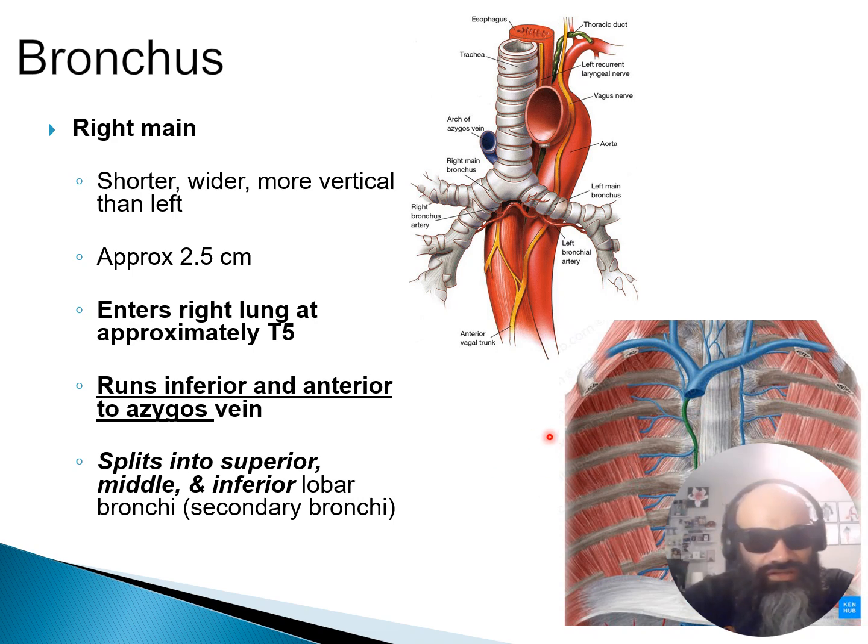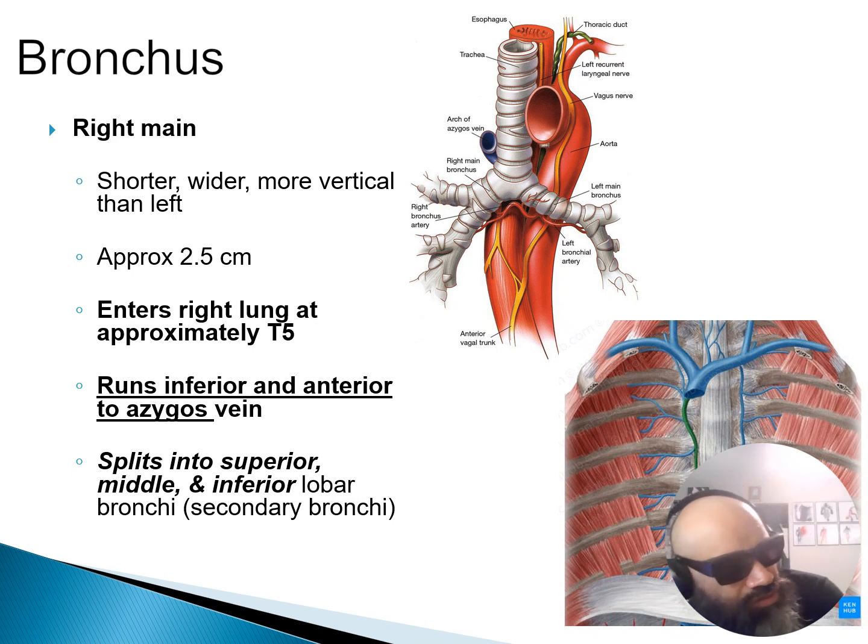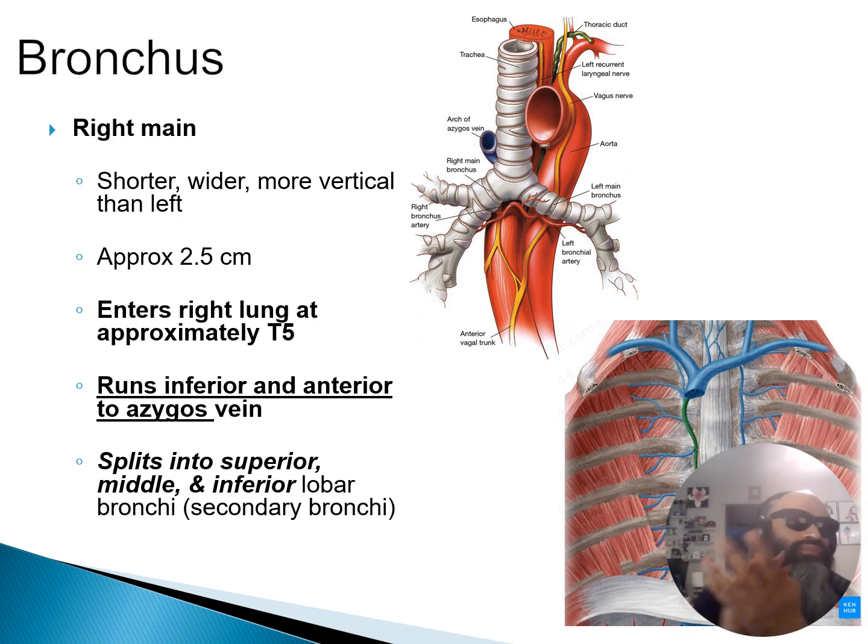That will further divide into the superior, middle, and lower bronchi that I discussed. So the key moments from this slide are at what level the right main bronchus enters the right lung, and where it's located in relation to the azygos vein.